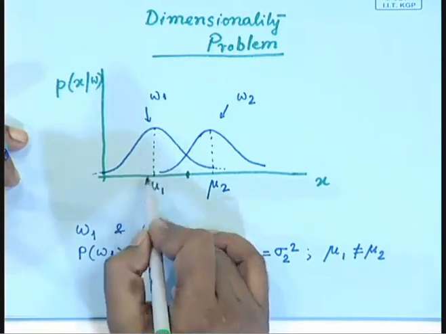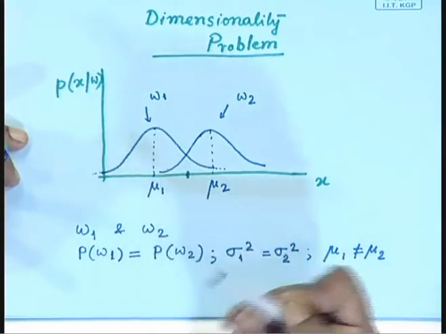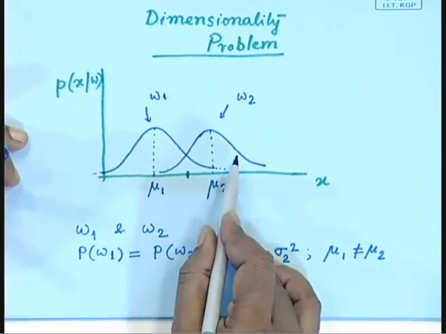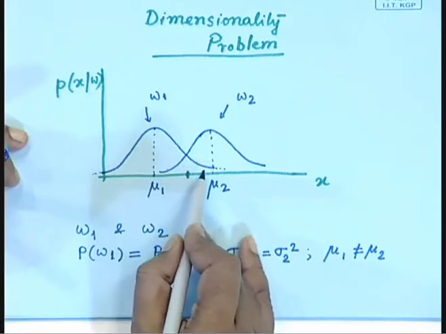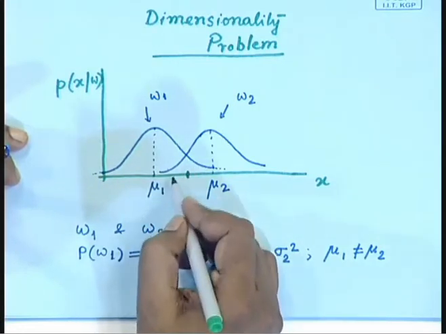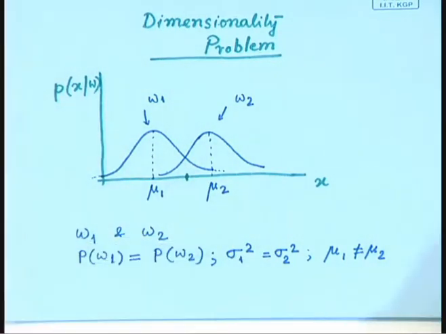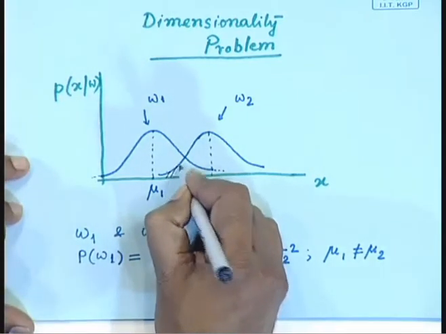Okay. Then we have also said, when we talked about the Bayes or minimum error rate classification, that there is an error in taking this decision, because whenever I decide in favor of class omega 2, there is a finite probability that it may belong to class omega 1 as well. So, the error involved in taking this decision, that we said earlier, is nothing but the area under this curve.